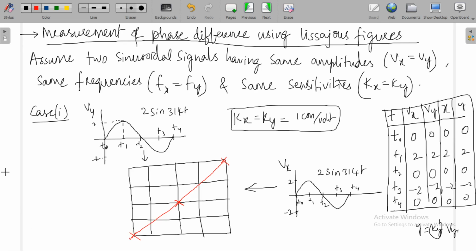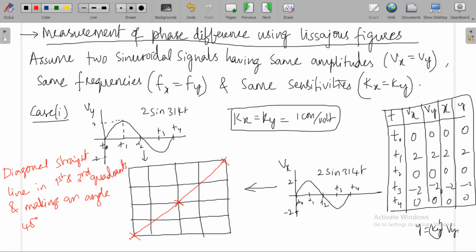So the pattern observed on the screen will be a diagonal straight line in the first and third quadrants, making an angle of 45 degrees with respect to the x-axis.